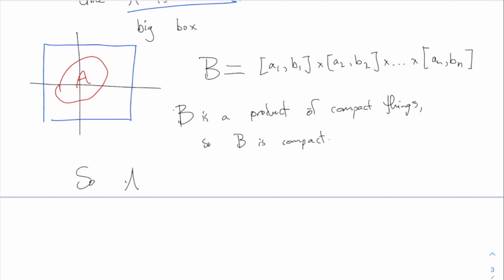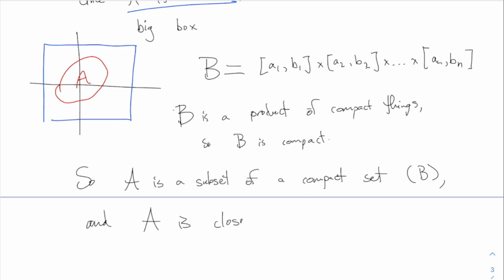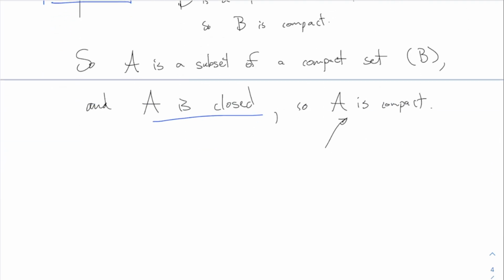So A is a subset of a compact set. That's the B, right? And A is closed. This is our other assumption in the Heine-Borel theorem. I'll underline it. So that means A is compact. This is by some theorem that we talked about last time.